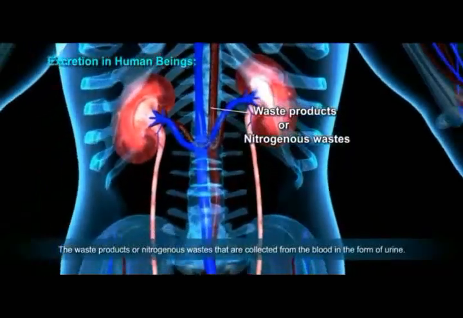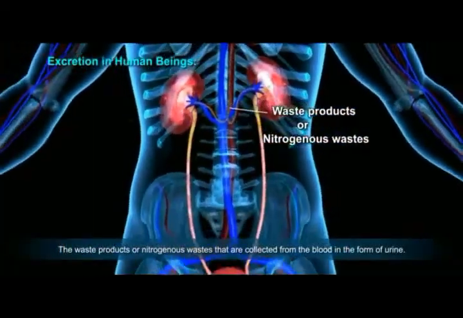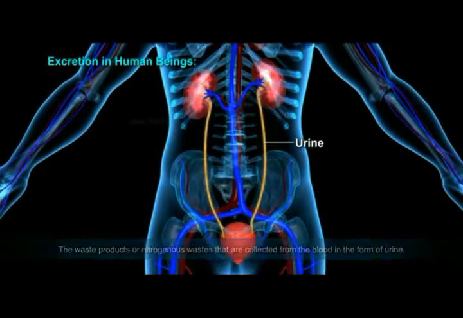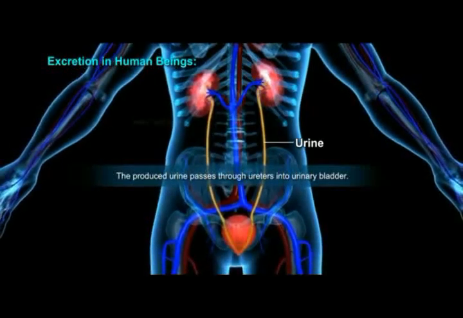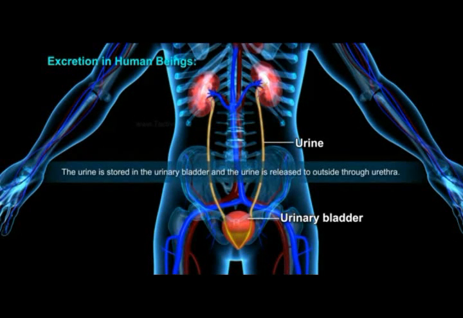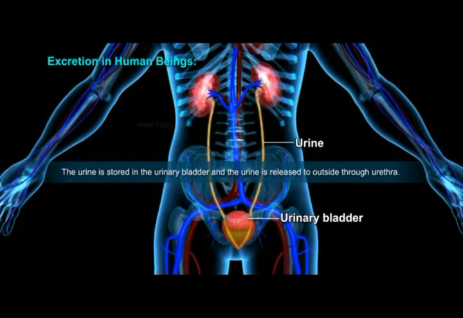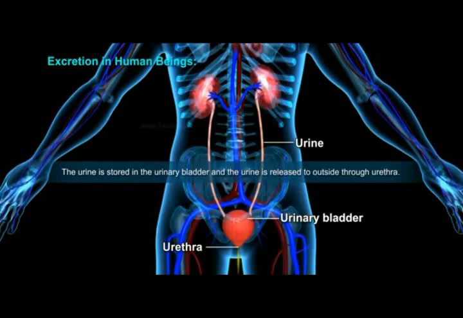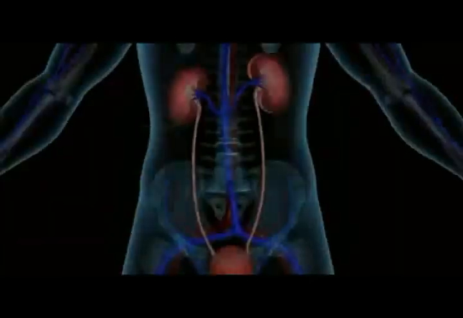The waste products are nitrogenous wastes that are collected from the blood in the form of urine. The produced urine passes through ureters into the urinary bladder. The urine is stored in the urinary bladder and is released to the outside through the urethra.